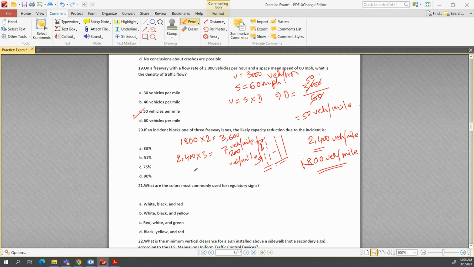So if you see what the actual reduction is, it is 7200 minus 3600, divided by 7200, times 100%. If you do it, it will give you around 50%. This is nearly 51%. Obviously you will not get the exact answer, right? Because you are assuming 2400. It can be a little different, like 2250 to 2400, anything.